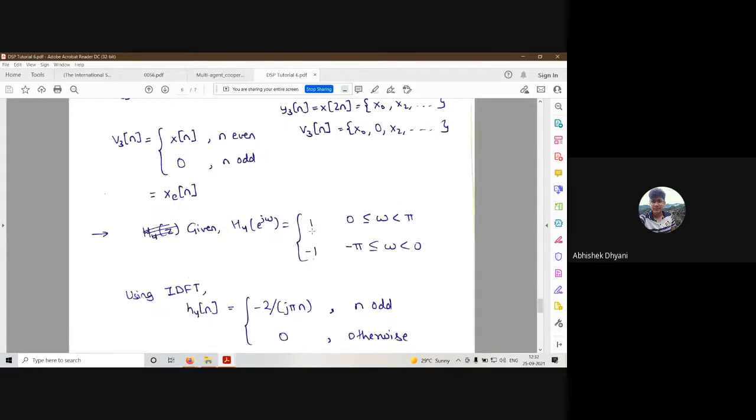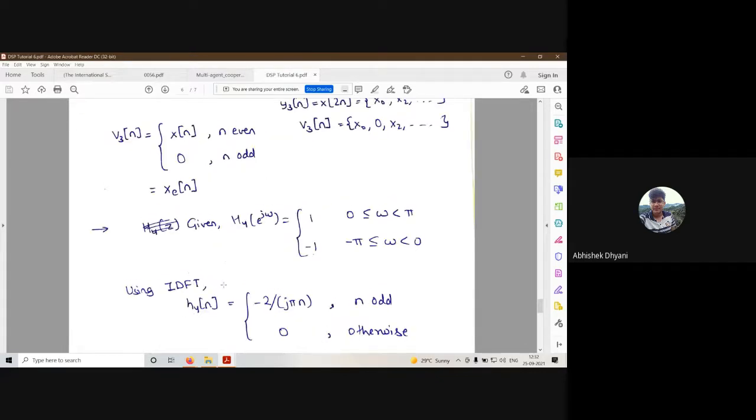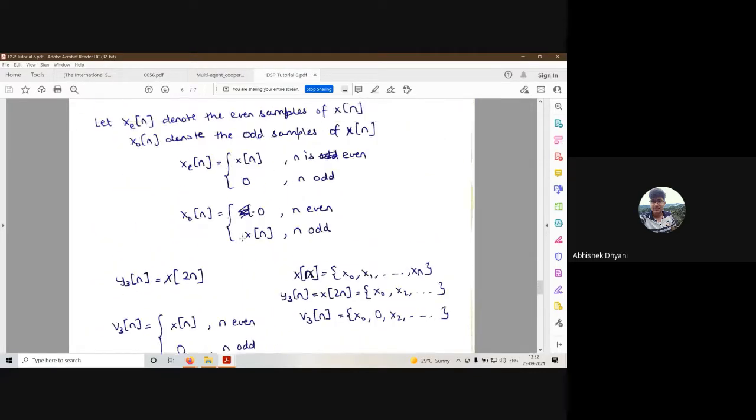That is clear directly, because for 0 to pi it's 1, and multiplying by 1 again gives 1, and for minus pi to 0 it is -1, and multiplying by -1 gives 1. So this holds, and taking the IDFT, it means that the impulse response convolved with itself is nothing but delta n. So two things are to be noted from h4n. Now we look at what these sequences will be.